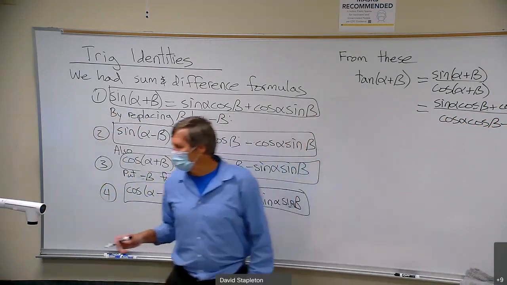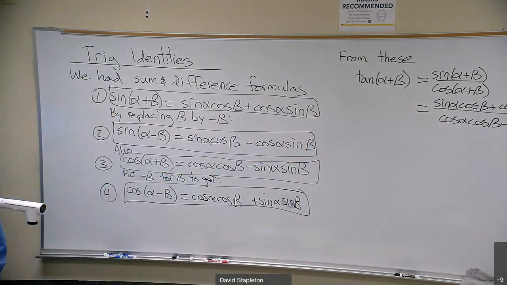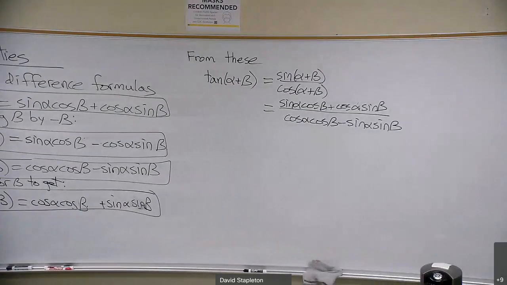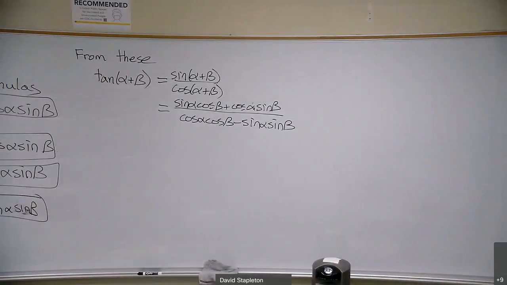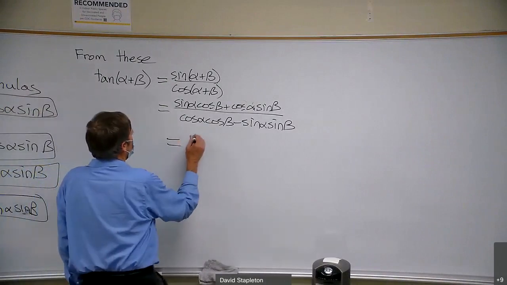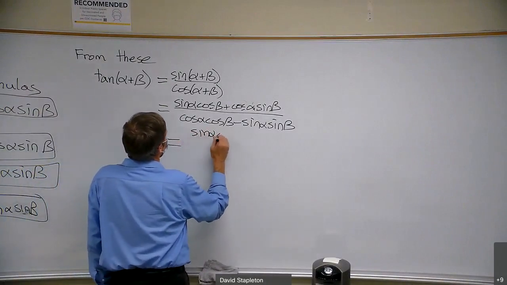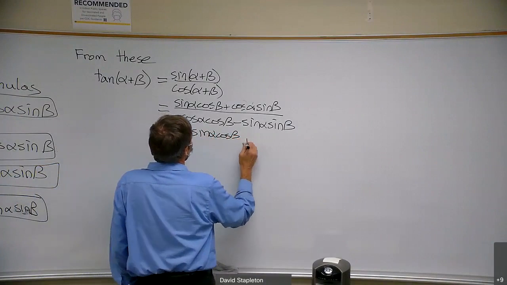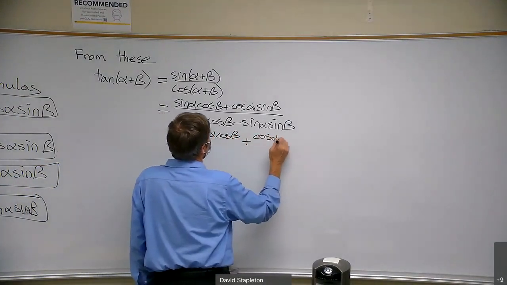What you can do, and I need to move the camera over, don't I? So I'll divide top and bottom by the same thing. Let's rewrite this sine alpha, cosine beta. I'm sorry, we won't do too many proofs today, but cosine alpha, sine beta.